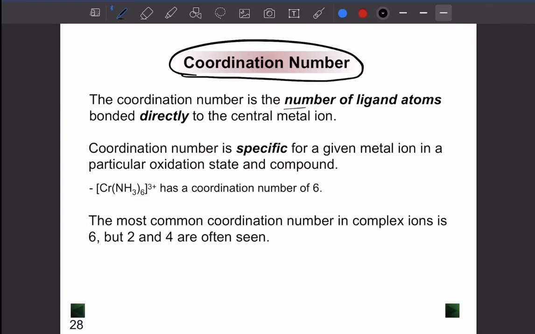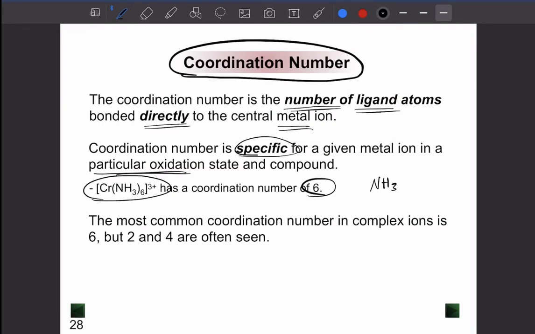Coordination number is the number of ligand atoms that are bonded directly to the central metal ion. So a coordination number is specific for every given metal, and that generally comes from a particular oxidation state and compound. For example, the compound that we just saw has a coordination number of 6. Notice that all the NH3s are connected directly to chromium, and there are 6 of them. So that becomes your coordination number.